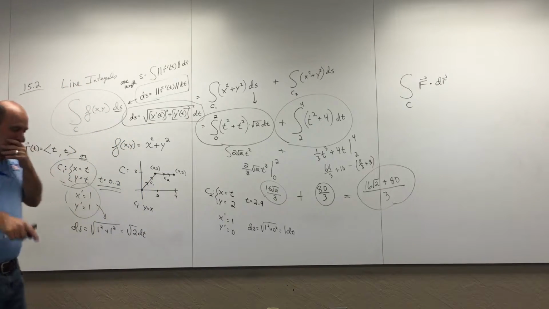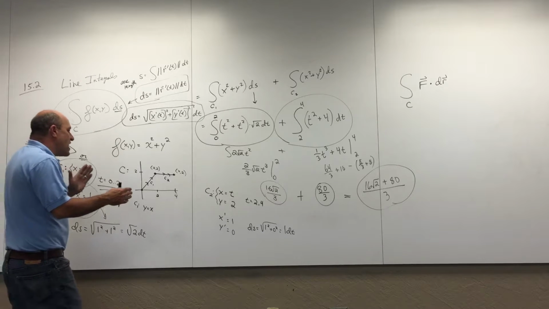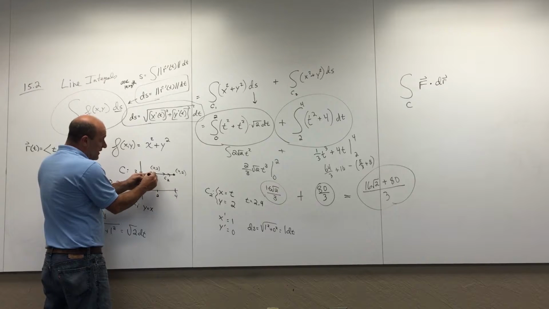In the second integral, since it's a line and it's never changing, can you have the parameters from 0 to 2 instead of 2 to 4? No. It was a line, but it started here and ended here.